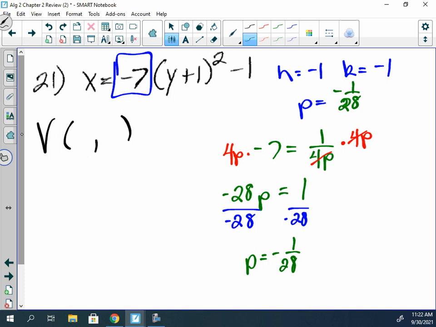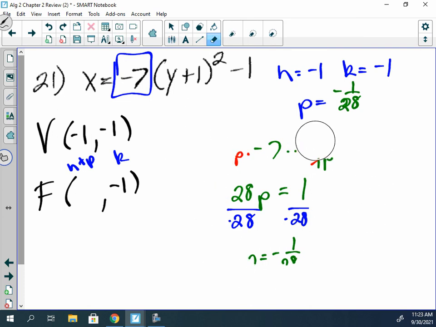What's our vertex? Negative 1, because it's just h comma k. Now the focus, and again, I would look straight back at the equations, tells me that it's h plus p comma k. Well, I do know what the value of k is. It is negative 1.